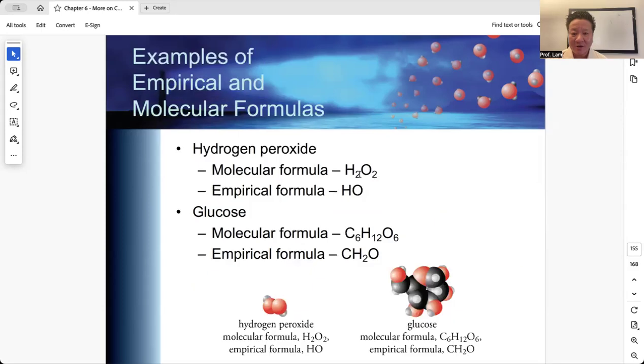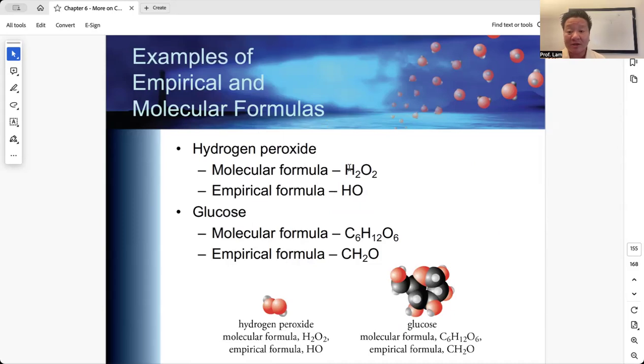Okay. So here's an example. Let's say that you have hydrogen peroxide. The hydrogen peroxide molecular formula is H2O2. So the molecular formula tells you the true number of atoms of hydrogen peroxide, which is 2 hydrogens and 2 oxygens. But you can also represent hydrogen peroxide's empirical formula, which would be the most reduced form of that formula.